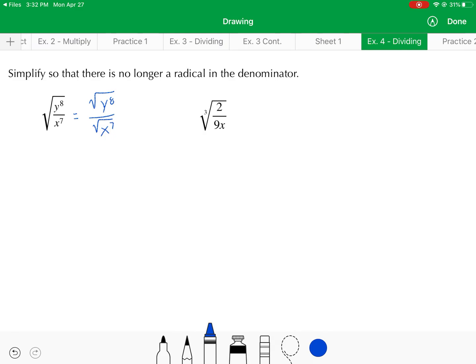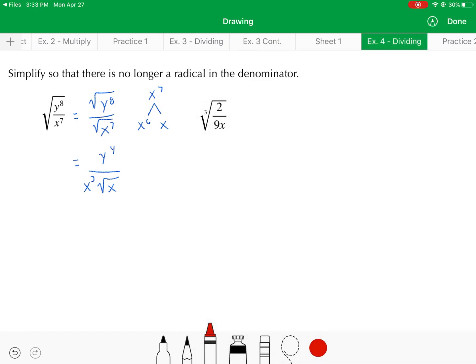And I am going to try to simplify here now. Square root of y to the 8th just becomes y to the 4th, right? And then square root of x to the 7th, I'm going to have to think of x to the 7th as x to the 6th times x. Square root of x to the 6th is x cubed, and then you just have the square root of x left over. Okay. Now I rationalize.